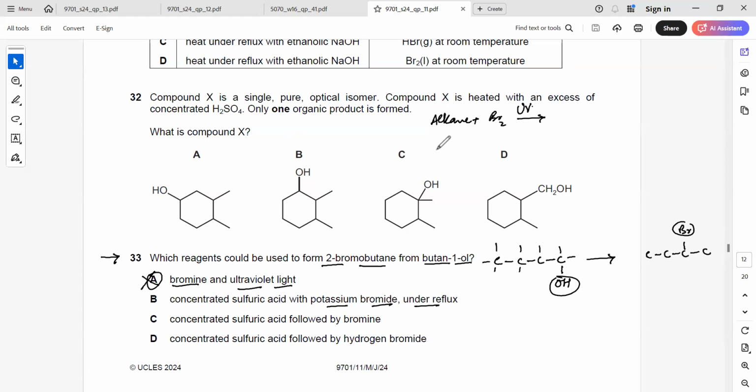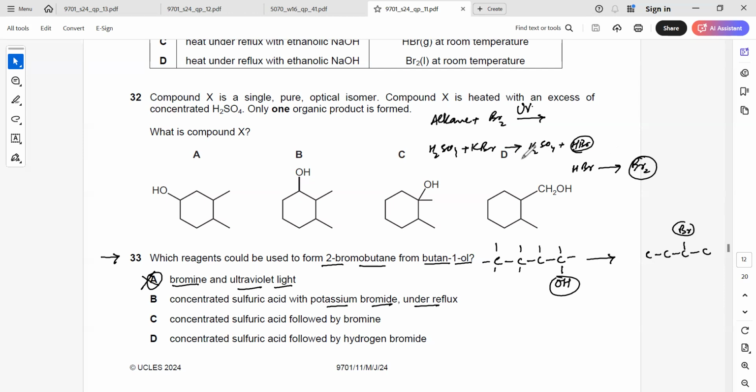Secondly, they are saying concentrated sulfuric acid with potassium bromide under reflux. So we know that when we react sulfuric acid with potassium bromide, what actually happens? Sulfuric acid gives potassium sulfate and HBr should be produced, but we know that it is in excess. So that will further convert this bromide, which is negatively charged, oxidizing it into Br2.